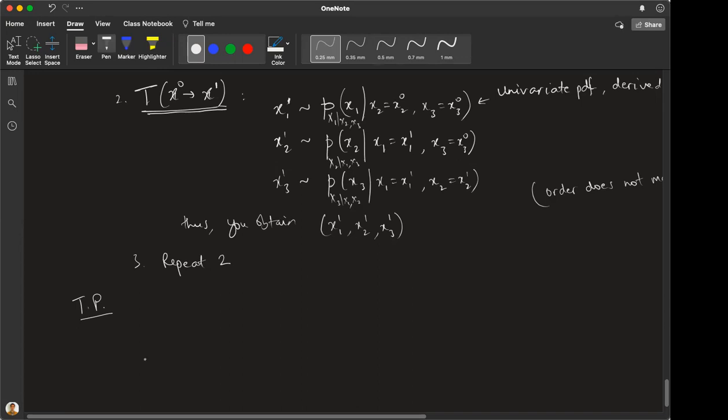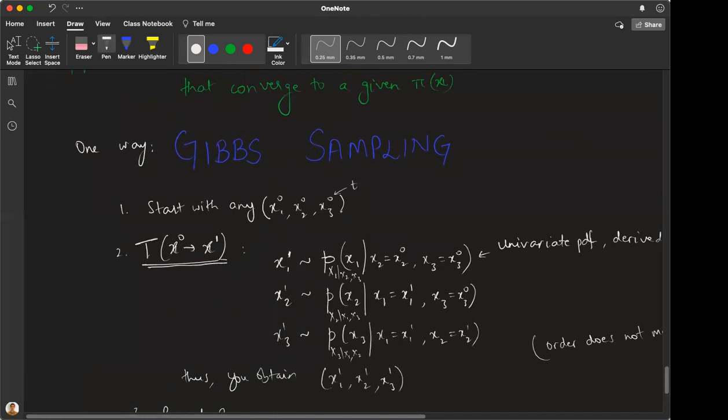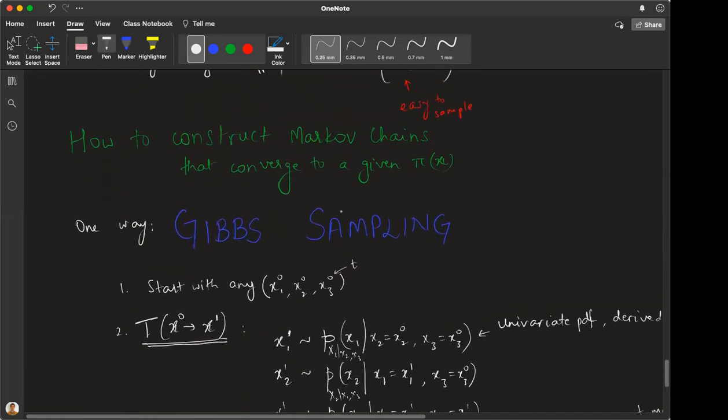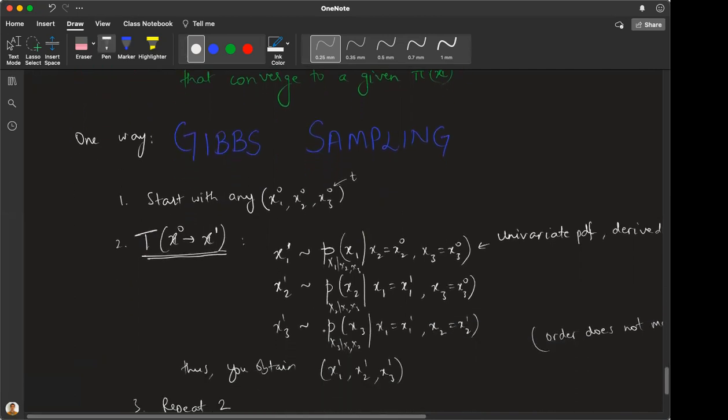What I want to prove is that if I follow this procedure, then whatever P I obtain will follow this P, which is stationary.